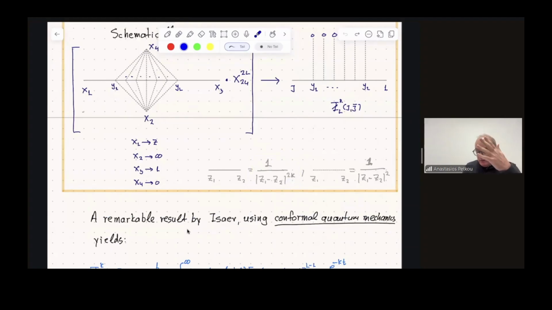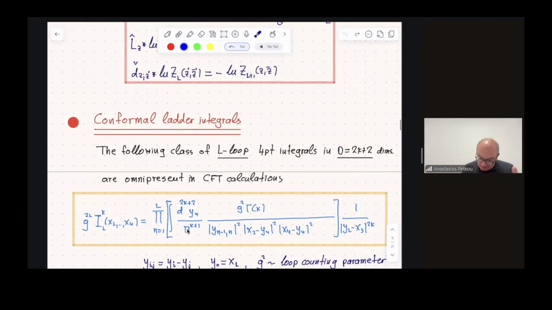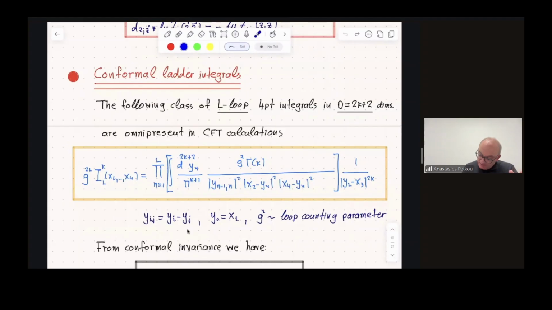Now, I emphasize the notation because I used exactly the same letters in the two different cases to mean different things, but then we will match them. So I used, I'm sorry to just go back, d equals 2k plus 2 dimensions.